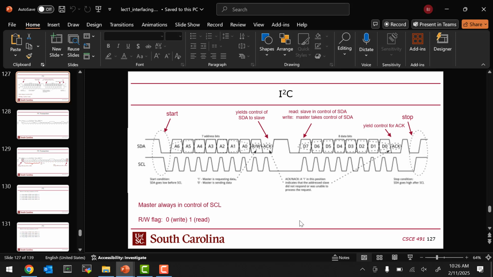Then you send another group of 8 bits. So what ends up happening is that this whole thing gets changed. This is just showing two 8 bits, right?